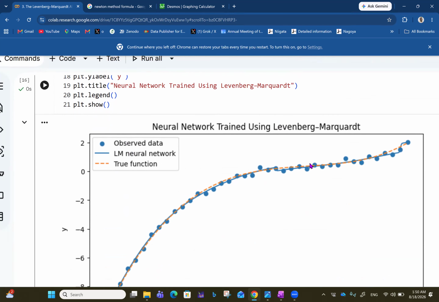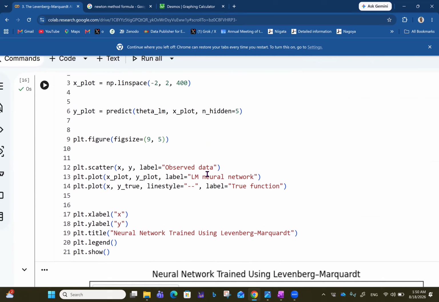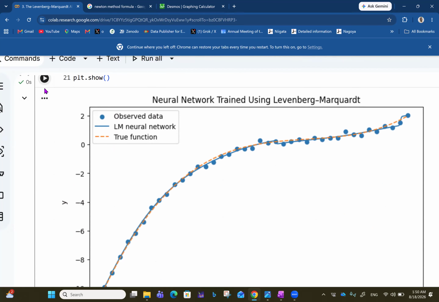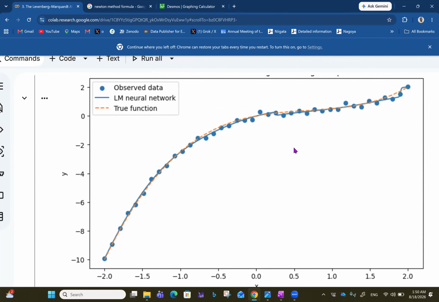And then the true function that we started with, that's the orange one. So we put all of that together. X plots, Y plots, so Y plots is for the neural network because it takes theta LM, X plots, and all that. And then here we have XY, that's the observed data we started with, and then we have the true function also, which we had at some point. So you see all of them looking pretty good together.